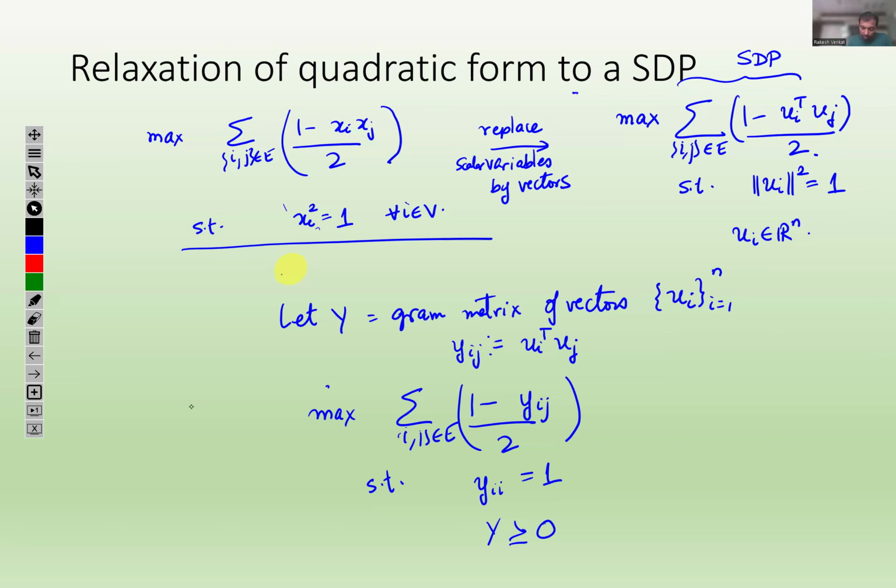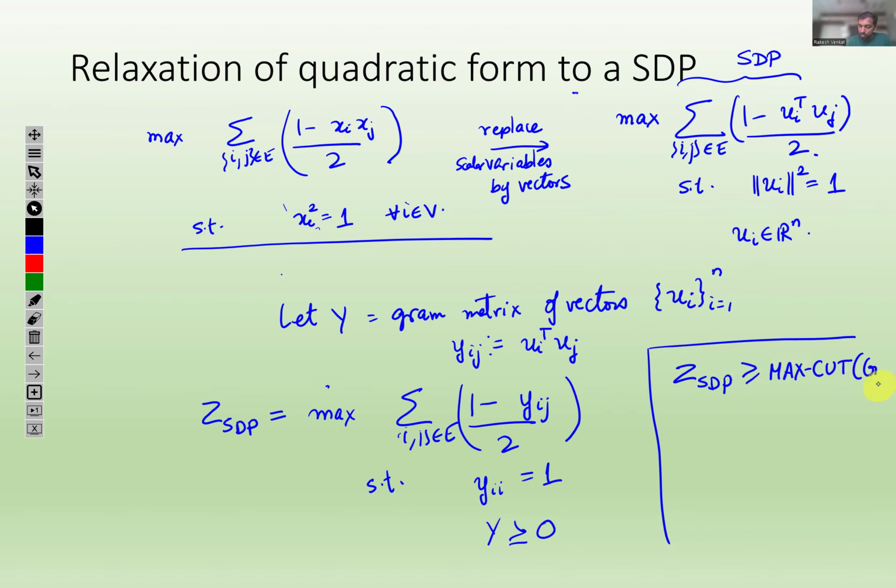Okay, so if this is the value of the SDP program, let me call it ZSDP, the optimum here, then what I know is that ZSDP is greater than or equal to MaxCut of G. Okay, because my domain of potential solutions has expanded out to a larger domain than just the integer solutions that were here in the scalar case.